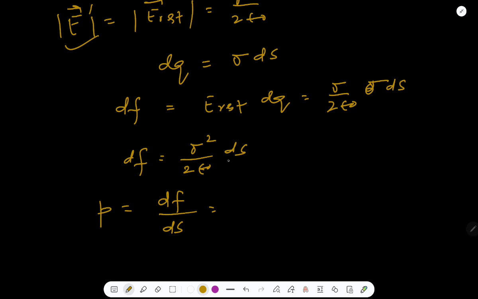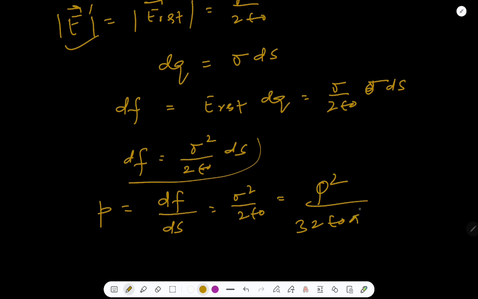We can directly get the value of df by ds from this equation, and that will be sigma square by 2 epsilon naught. Or if you want to convert in terms of q, you will get q square by 32 epsilon naught pi square r raised to 4. This is the pressure, and its value is sigma square by 2 epsilon naught, the pressure on the surface of the sphere due to the interaction of charges.